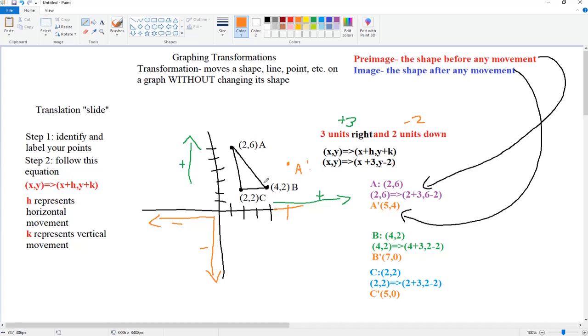And then my B, which is now 7, 0. Oh boy, here we go. 5, 6, 7. So that's 7, 0. So that goes here. That is my B prime. And then I have 5, 0. 1, 2, 3, 4, 5. 5, 0, which is my C prime. And then I connect the dots.